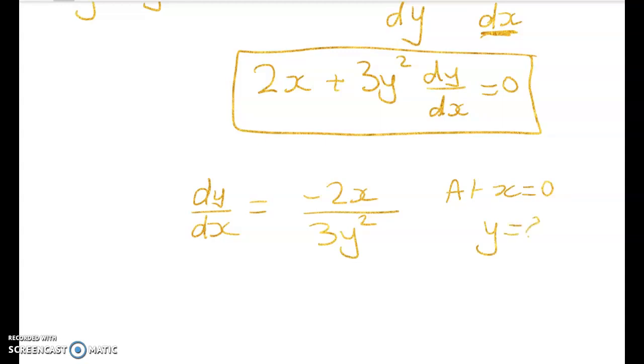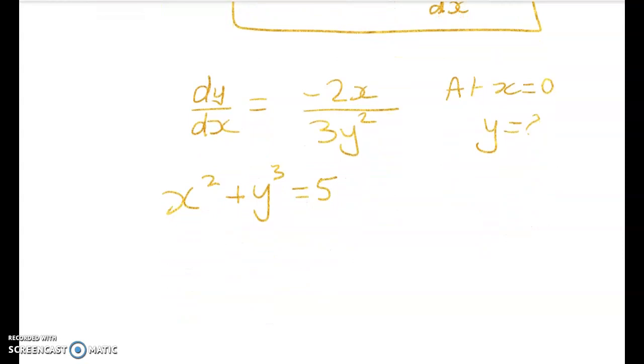And my curve was x squared plus y cubed is equal to 5. So, we get 0 plus y cubed is 5. y is equal to the cube root of 5.